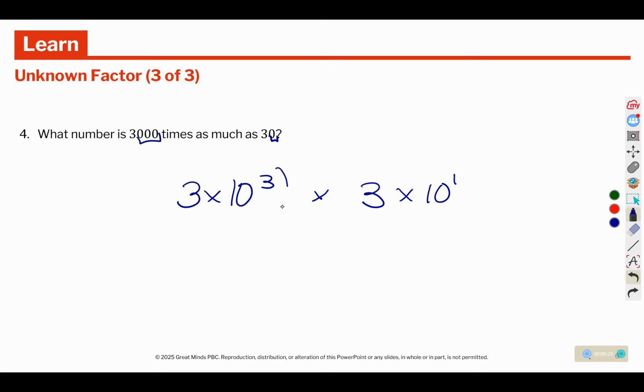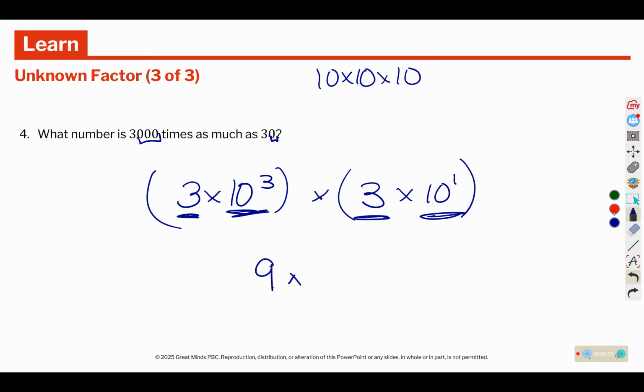And we are multiplying these together. Well, 3 times 3 is 9. And if I have 10 to the third times 10 to the first, here's 10 to the third, and there's 10 to the first, which is just 10 to the fourth power.